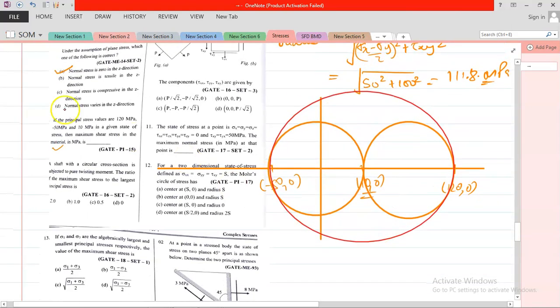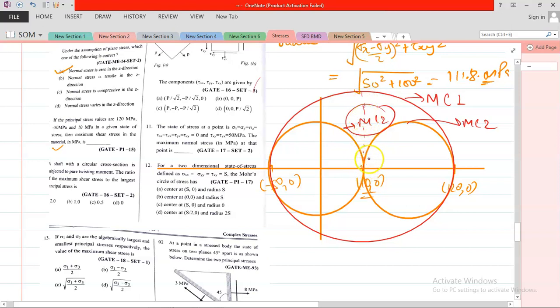Now the question is asking maximum shear stress. Let us suppose this is Mohr circle 1, this is Mohr circle 2, and this is Mohr circle 3. You know the maximum shear stress is the radius of the Mohr circle. So which circle has the maximum radius? It's the biggest circle.